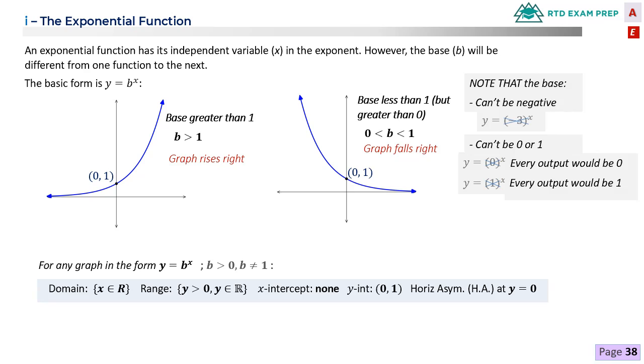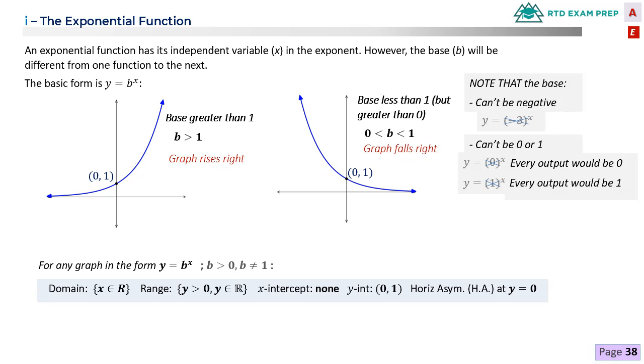Some properties of the exponential function that are true in all cases are that the domain will be all real numbers. And in cases where we do not have a vertical displacement or a k value, the range will be greater than 0 when the coefficient is positive, and will be less than 0 when the coefficient is negative. This is maybe the first time we've seen a horizontal asymptote.